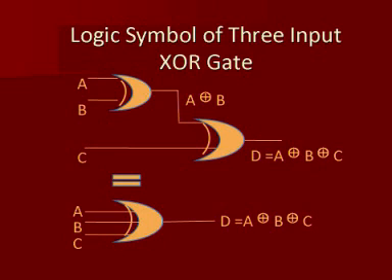It can be constructed by connecting the output of a 2-input XOR gate and the third input C to the input pins of a second XOR gate. The output so obtained is the output of the 3-input XOR gate.